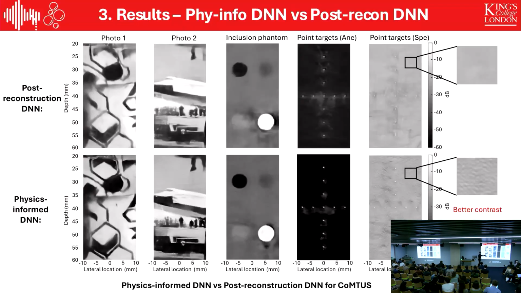For example, the edges here are clearer than the post-reconstruction model. The physics-informed beamformer can also provide some speckle-like texture, and this texture might be useful clinically. Hence, only the physics-informed deep neural network is presented in the following presentation.